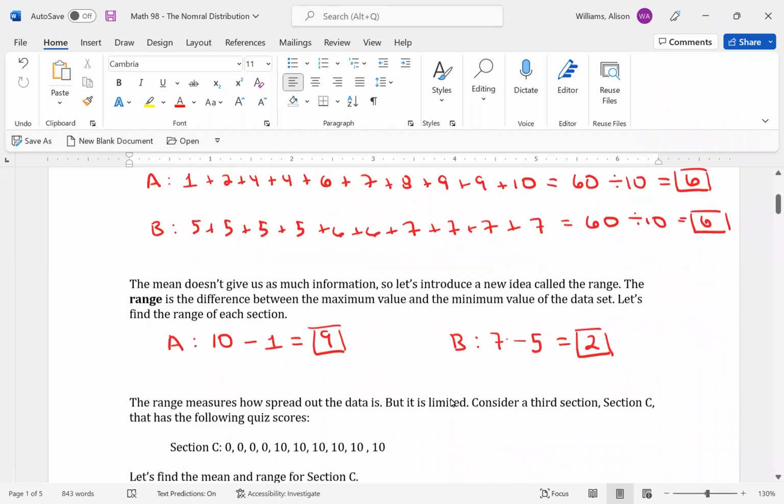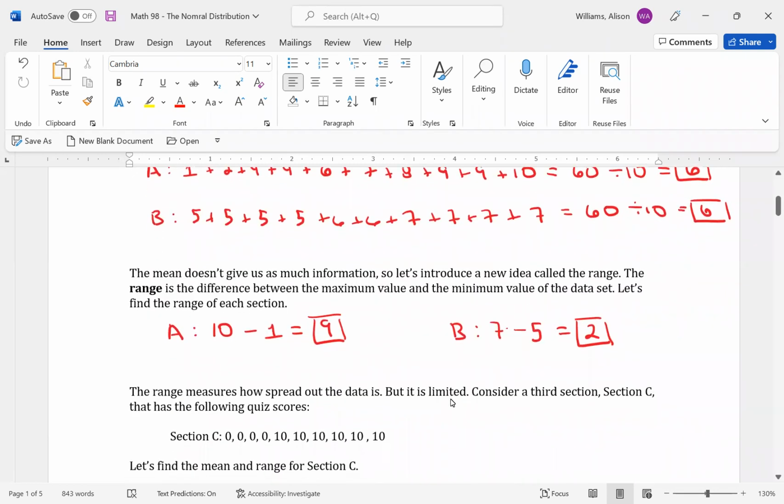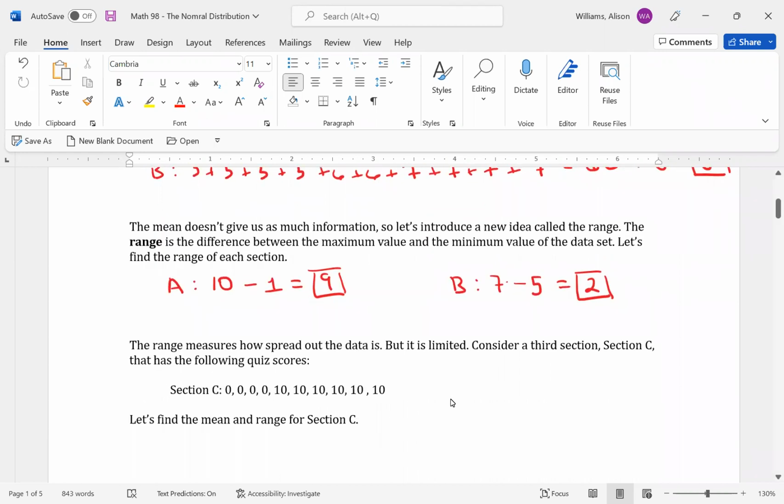Okay, now let's look at section C here. Section C is even more crazy than sections A and B. In this class, it's like you either got a 0 or a 10. So there are very similar scores, but you either scored really well or you bombed it. Okay, so let's find the mean for this section. So for section C, if I added all those together, there's 4 zeros and 6 10s.